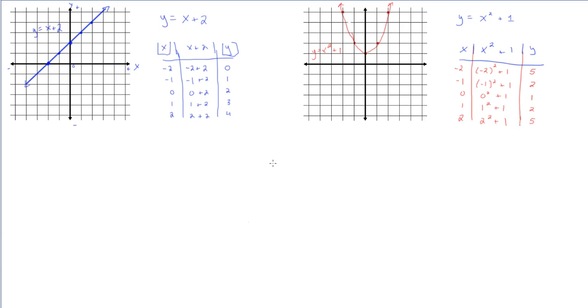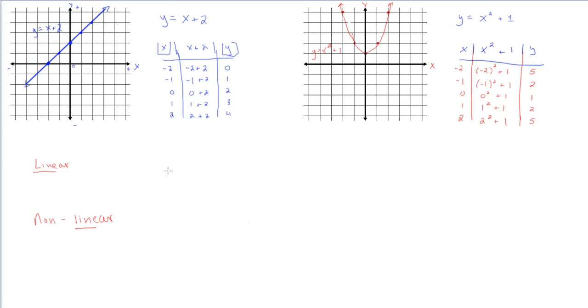So I want you to decide which of these is linear and which of these is non-linear. And when I mean linear, right, we're talking about linear functions versus non-linear, right? And if you take a look at how linear is spelled, you'll notice that this line pops out in linear, right?